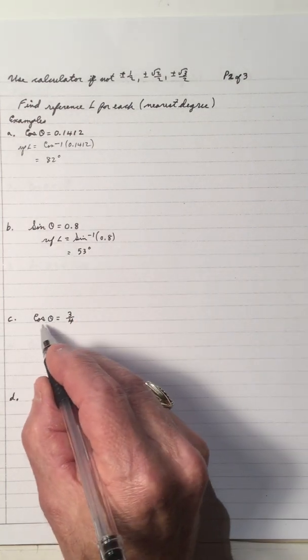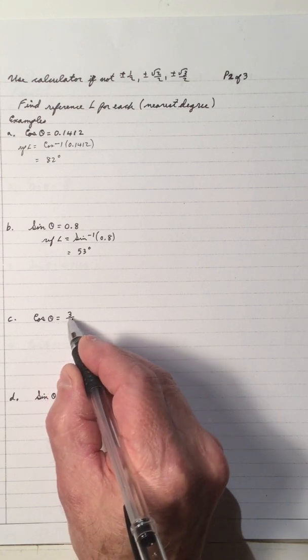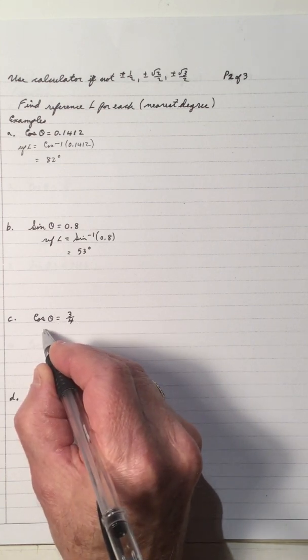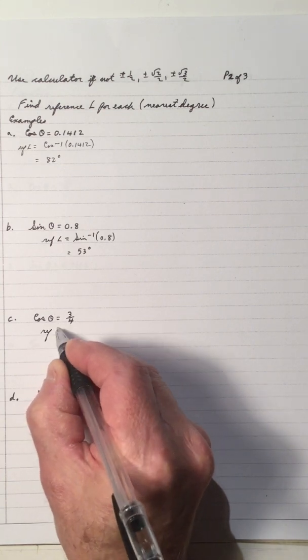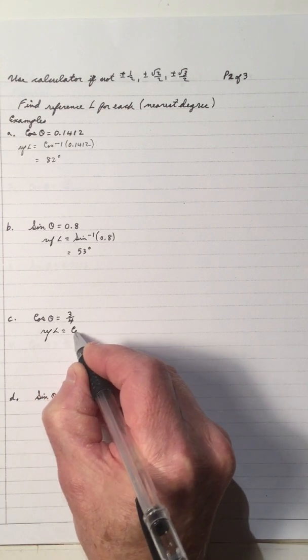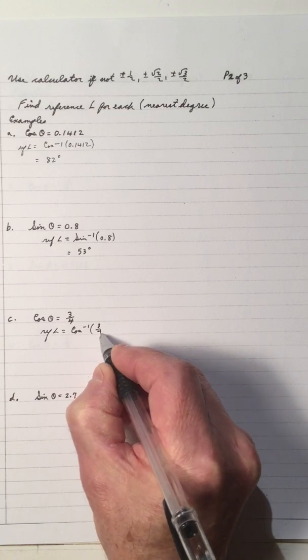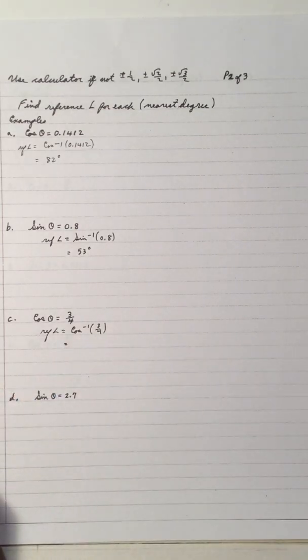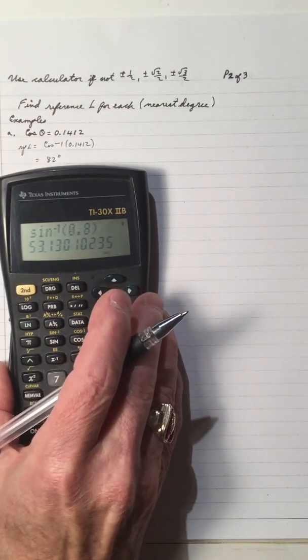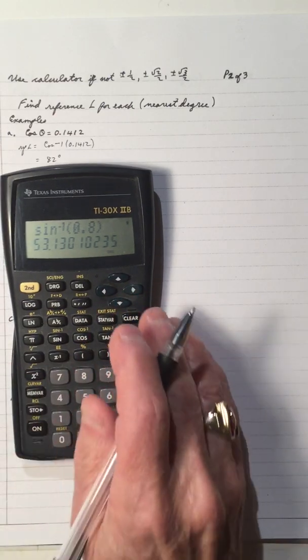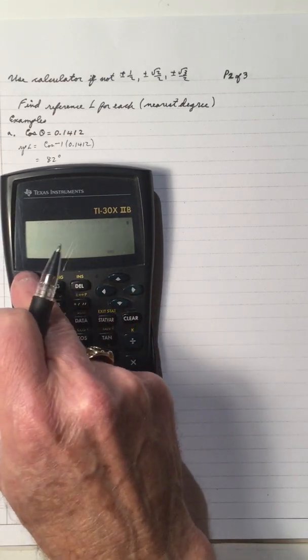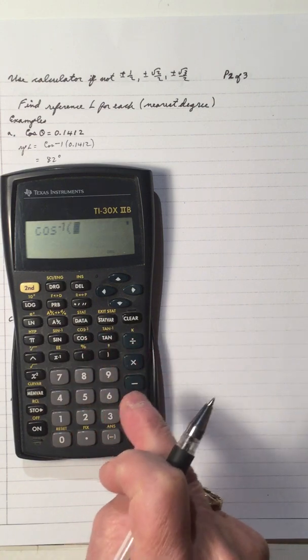Number 3, cos theta equals 3/4. So the reference angle is cos to the negative 1 on 3/4. Let's see what that comes out to be. Put our calculator here, clear it. So we got inverse cos 3/4.